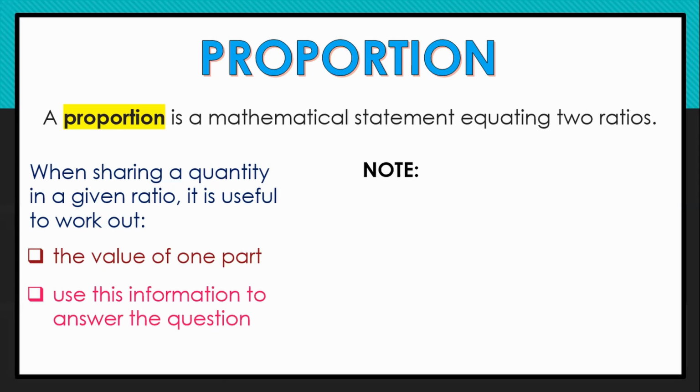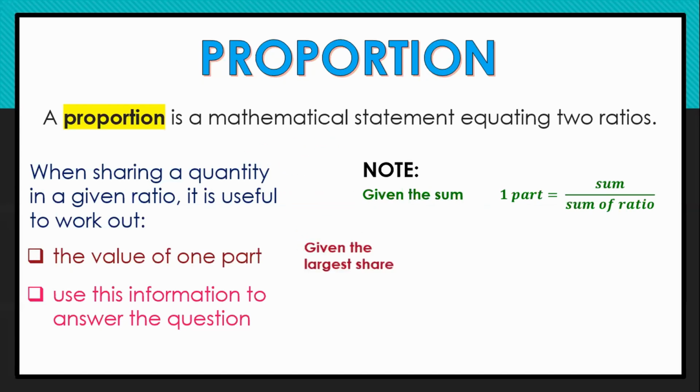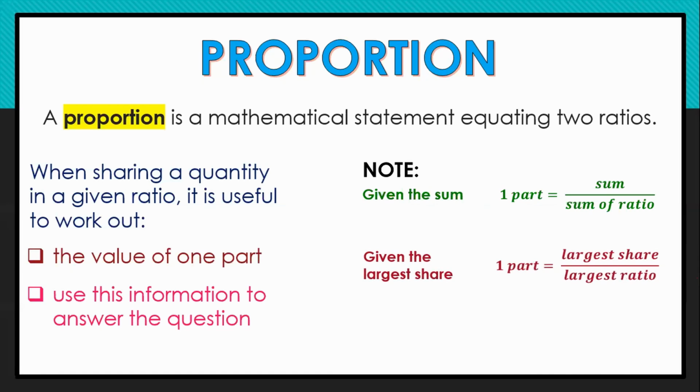So let us note a few things. If you are given the sum, to find one part, we are going to divide the sum that was given by the sum of the ratio. If you are given the largest share, to find one part, we are going to divide the largest share by the largest ratio.